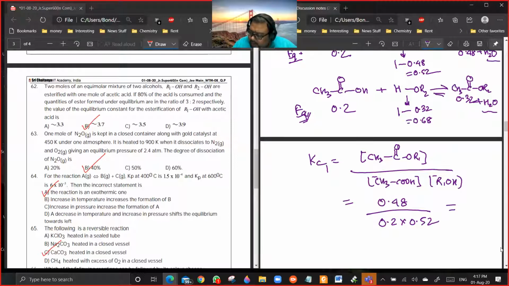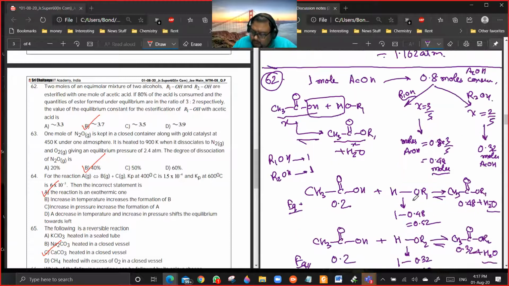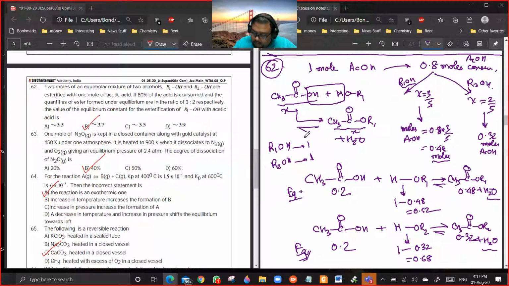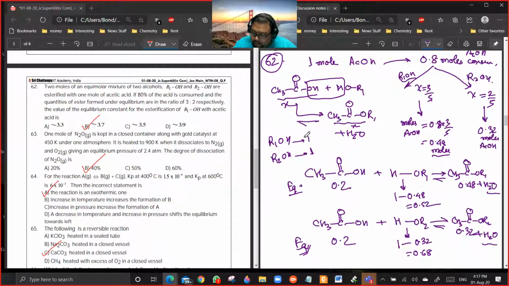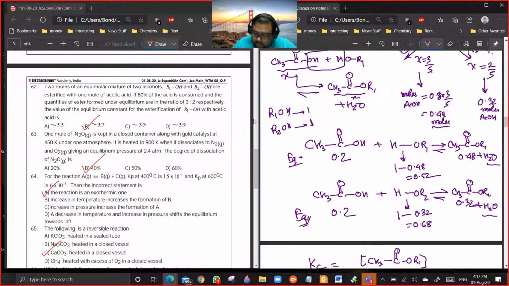Have we made any calculation mistake at any point? See, the logic is that 2 minus 0.48. Why will it be 2 minus 0.48?